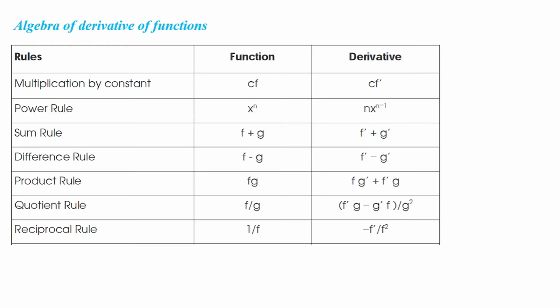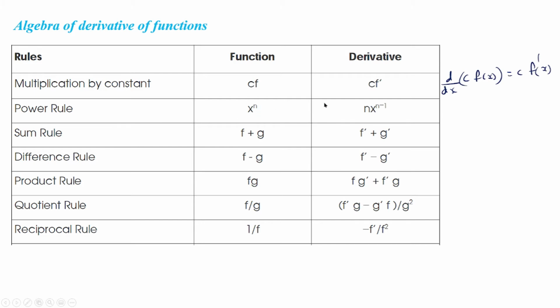So here are some of the rules that we can remember. First one is multiplication by a constant. That is, if the function is c into f, then the derivative is c f dash. That is d by dx of c into f of x is equal to c into f dash of x. And next we have the power rule.